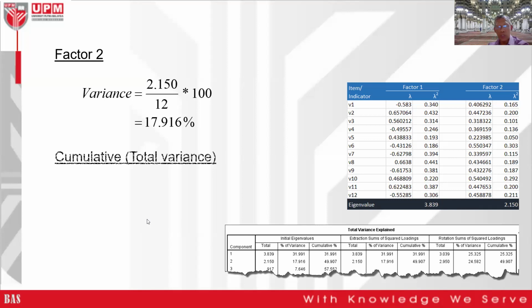In most cases, I don't use the option for the factor score, but I calculate manually using transform and then compute variable, new variable, and we calculate the mean summated score for each factor or variable.